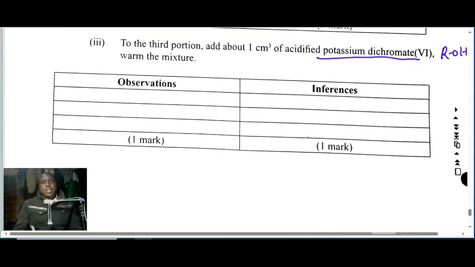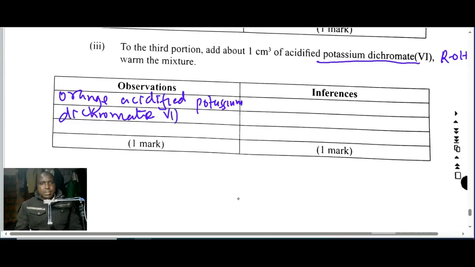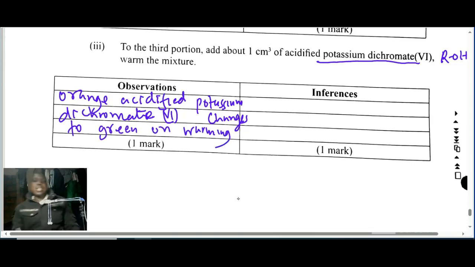So orange acidified potassium dichromate(VI) changes to green on warming. If it changes to green on warming, then it means that the alcohol is present.